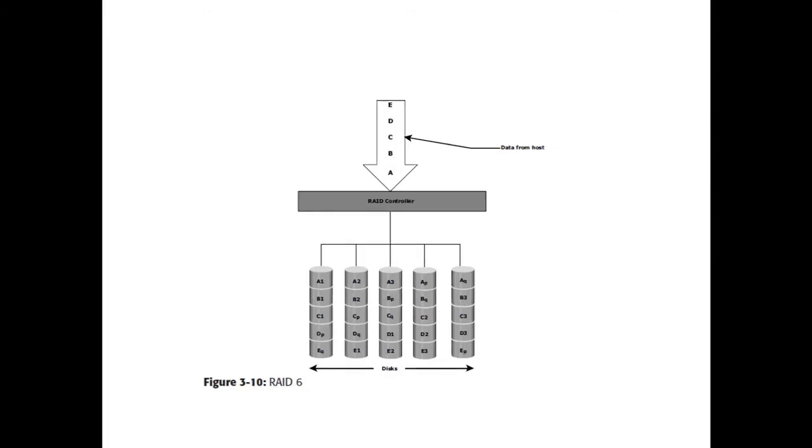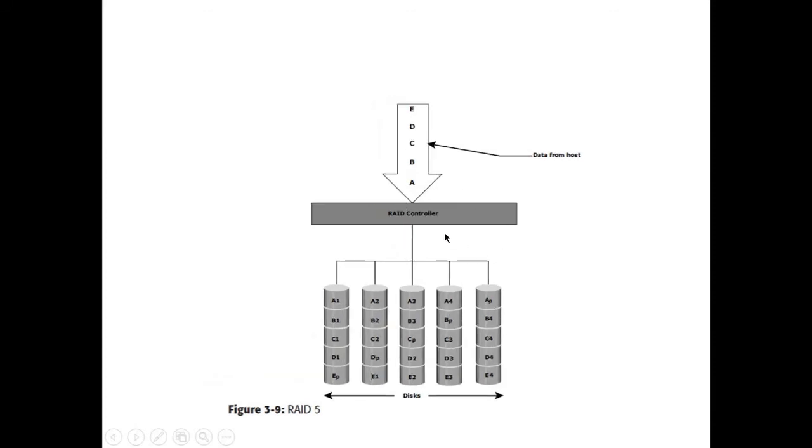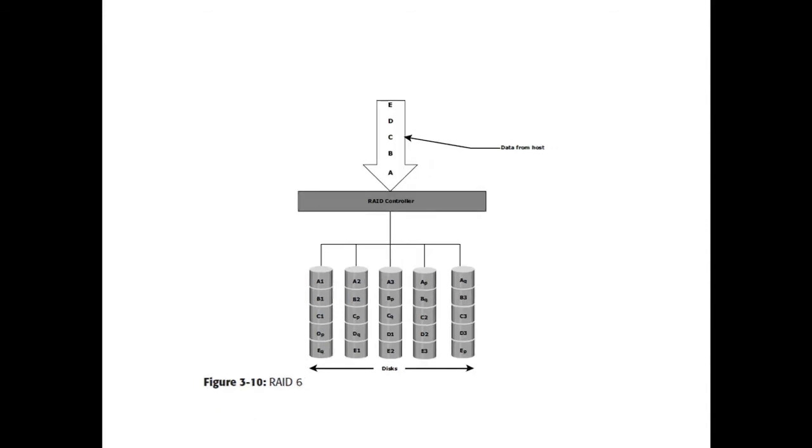Similarly, you have RAID 6 implementation where we have dual distributed parity. In case of RAID 5, it was only a single parity which was distributed. Whereas here in case of RAID 6, the RAID controller computes two values for parities and stores them again in a distributed fashion.